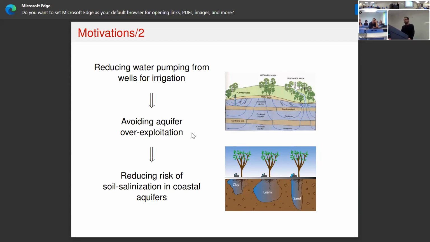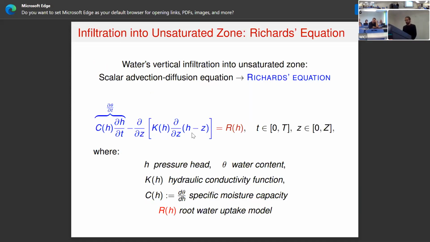Okay, now for doing that, we'll use a highly technical mathematical model that I introduce here. It's a model that we use to describe the water vertical infiltration, percolation, diffusion in soil into unsaturated zones. This is a nonlinear diffusion equation known as Richards' equation.